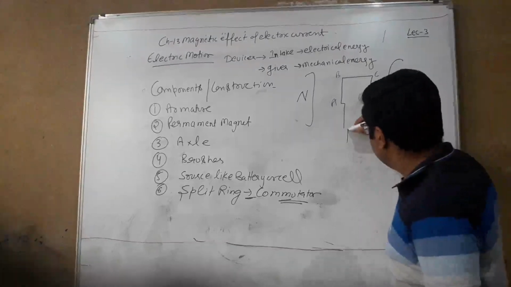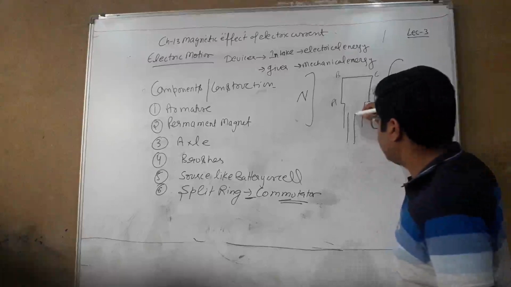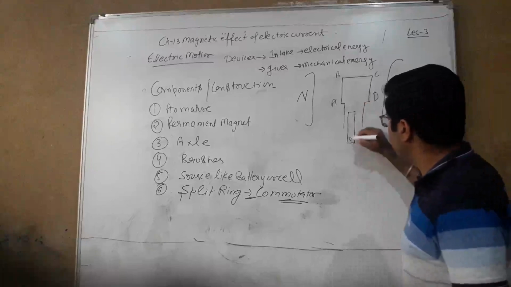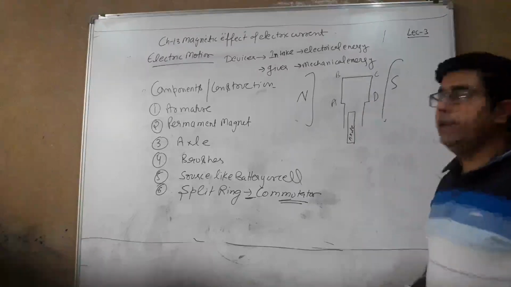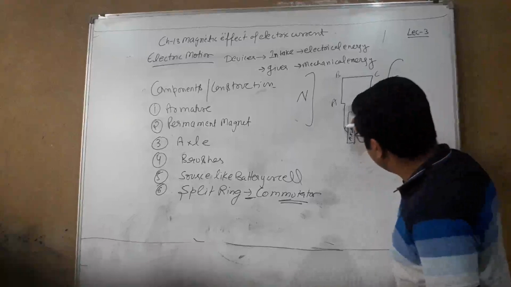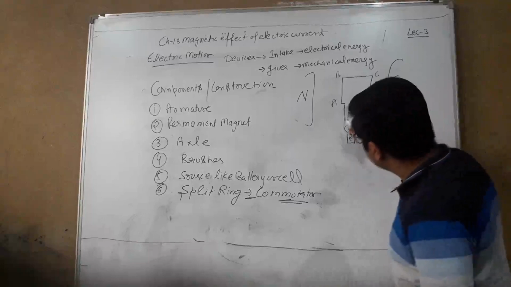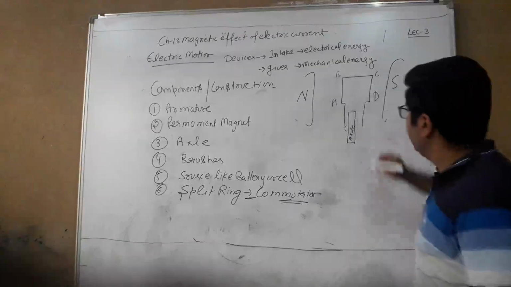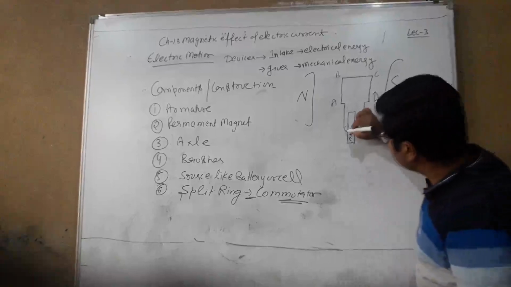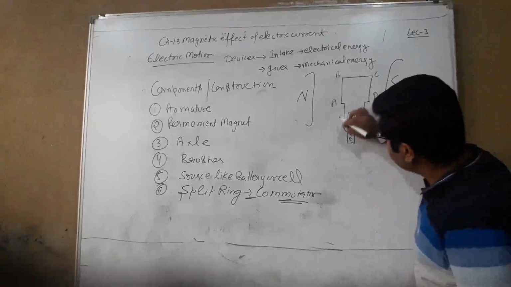So this is our axle. This axle is connected with a split ring, and this split ring is connected with a brush.